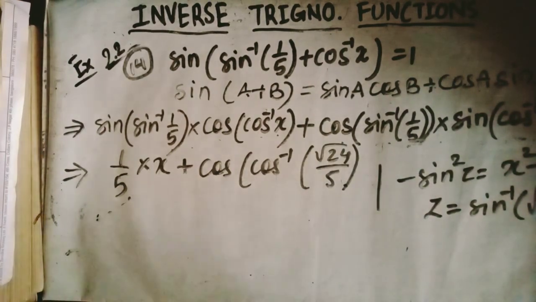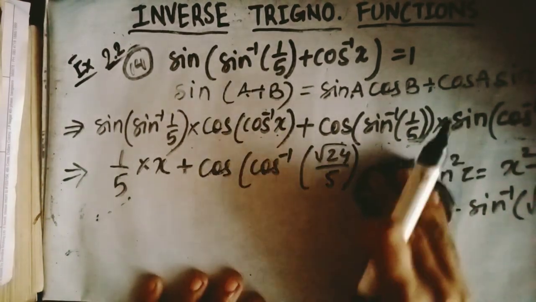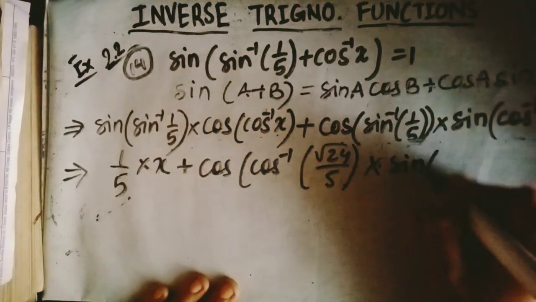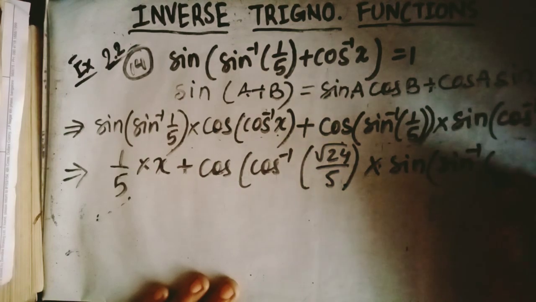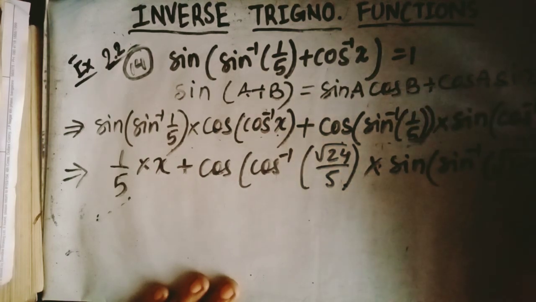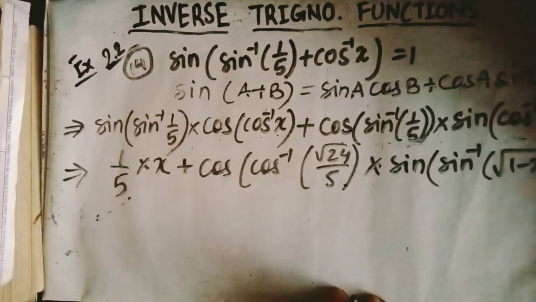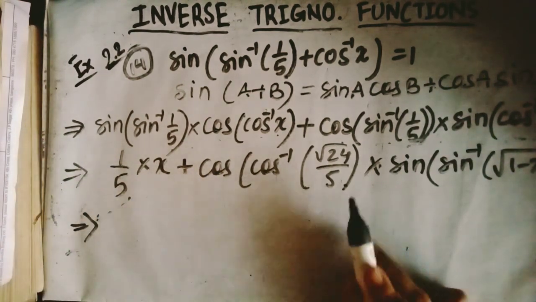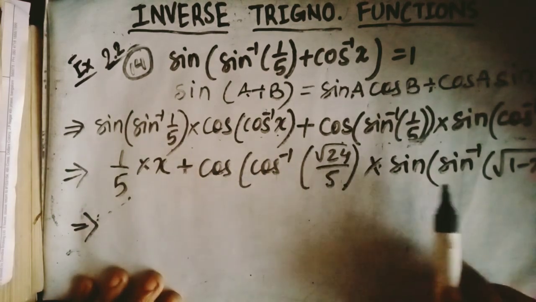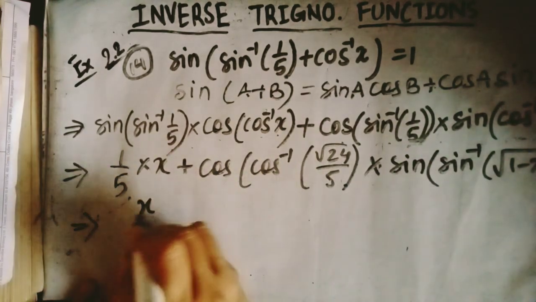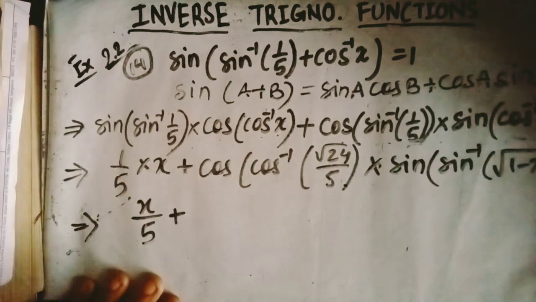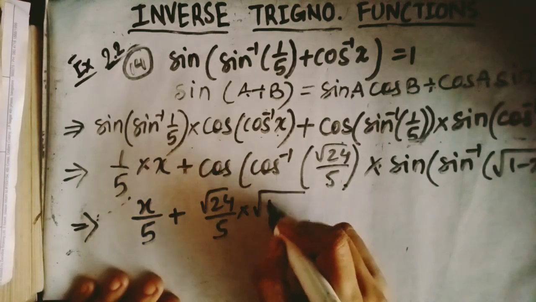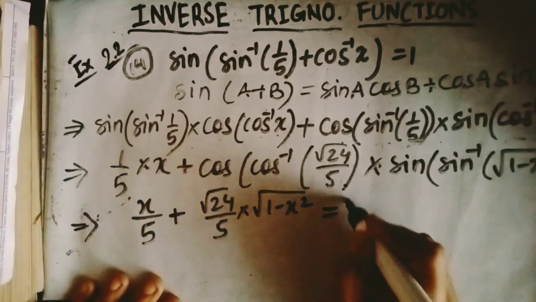Sine of sine inverse root of 1 minus x square. So the equation equals 1. Okay. So using the property cos of cos inverse of x and sine of sine inverse of x, we will get here x upon 5 plus root of 24 upon 5 into root of 1 minus x square equal to 1.